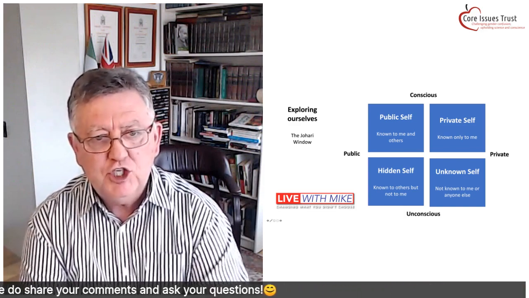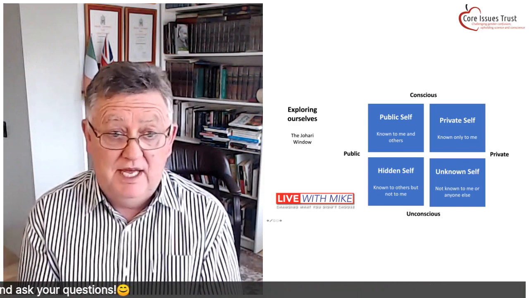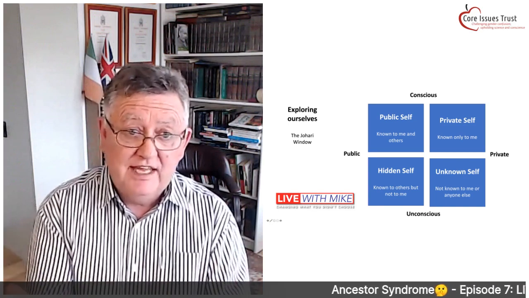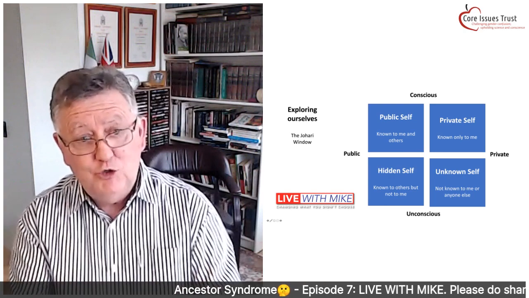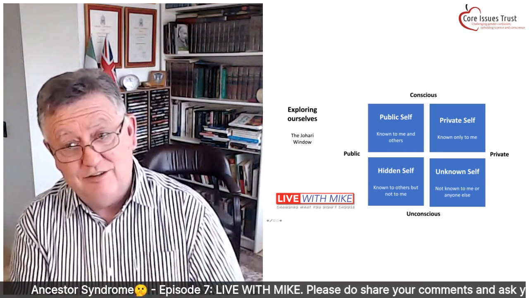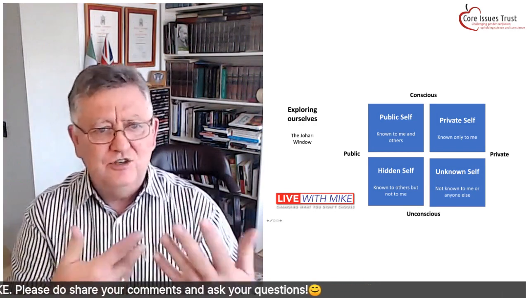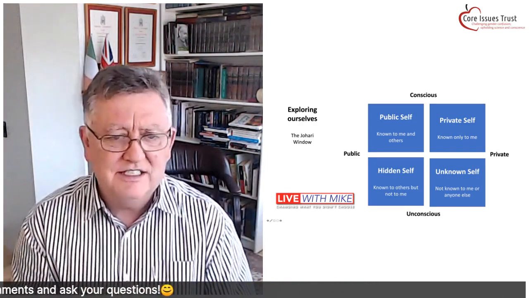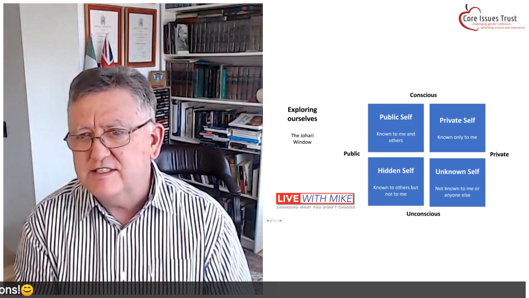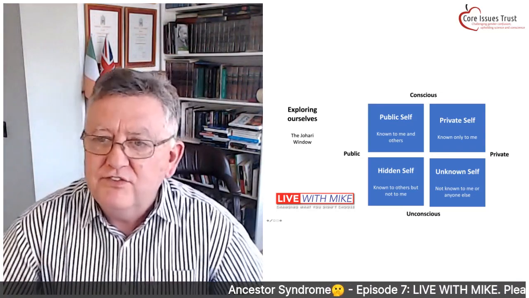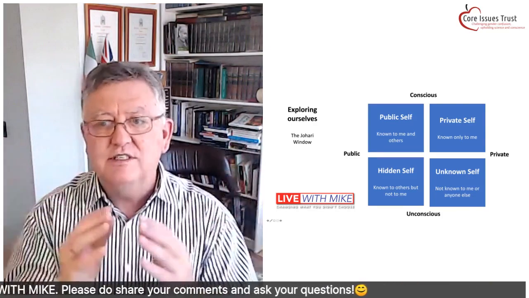We show ourselves in the public domain as I am now, and I am conveying something that I am wanting you to know about me. You could say that. And you look at me and you identify or disidentify with certain things about me. But then there's also my private self that is only known to me. And that's all in the conscious domain.